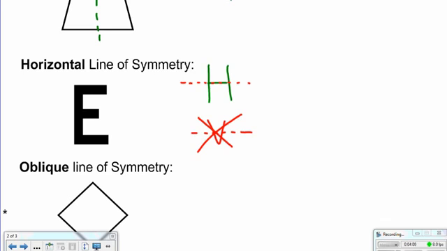So if we look at the letter E, it has symmetry this way. So horizontal line, like a horizon line. If you think of a sunset, a sunset is side to side, not top to bottom. Unless, I guess, you're lying on your side, and then your horizon would be top to bottom. But that's a whole other story.